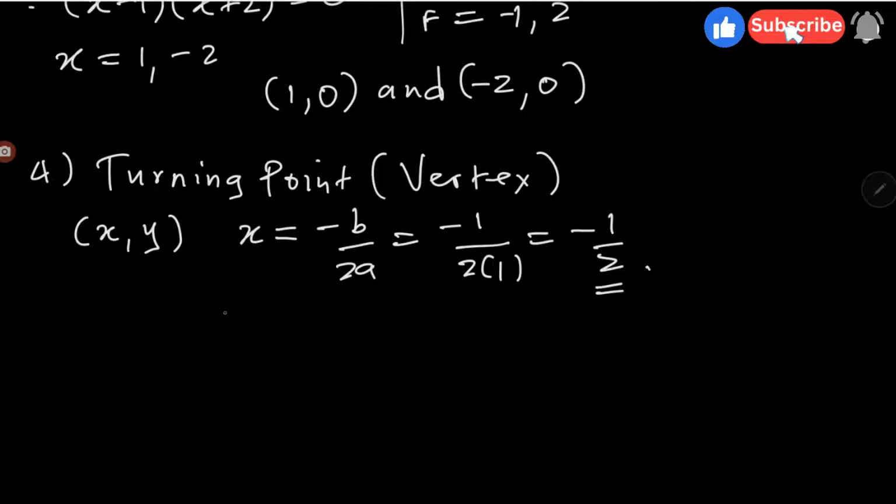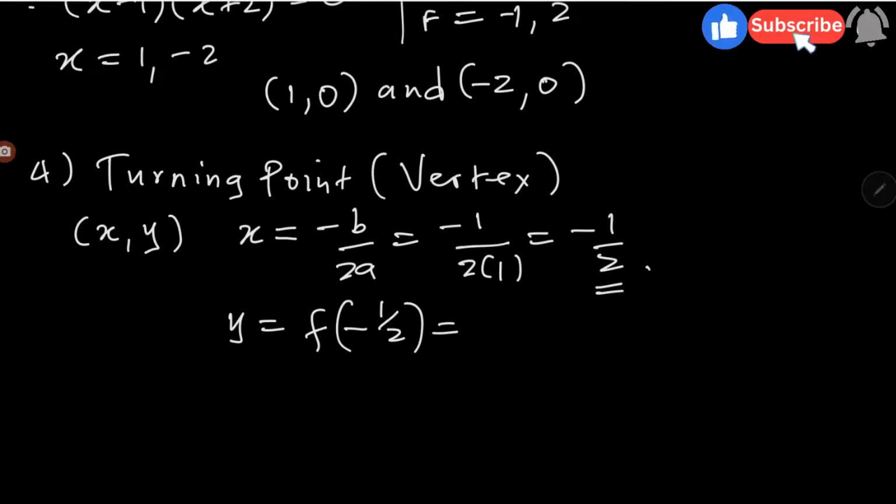Then our y value, we find it by evaluating the function f at the point x, which we found as minus 1 over 2. So we substitute minus half where there is x in f.